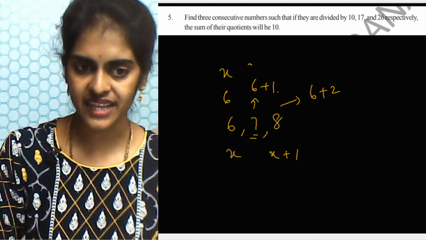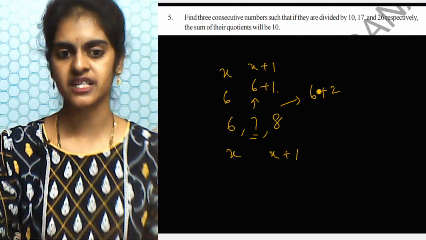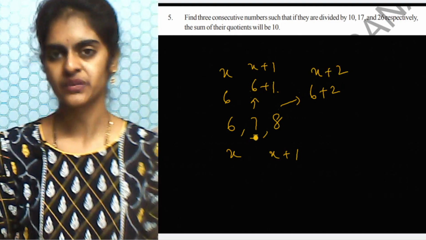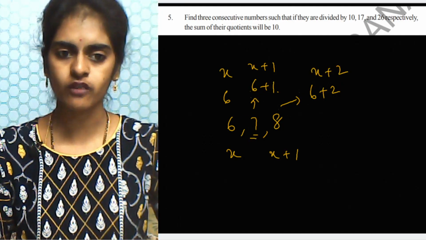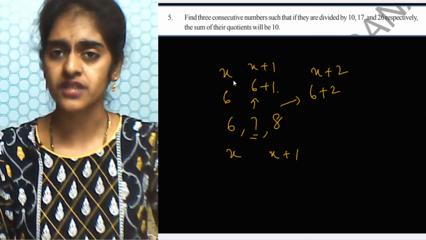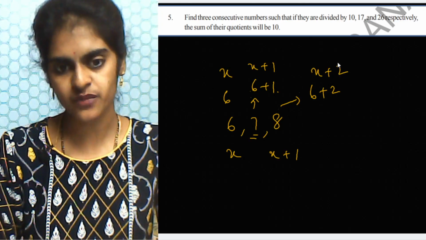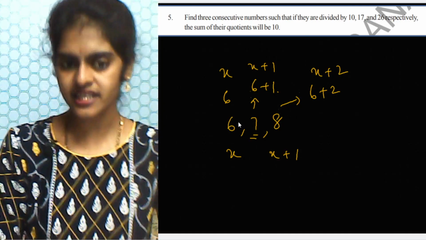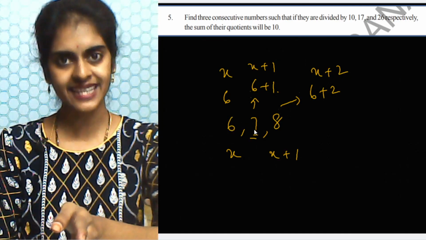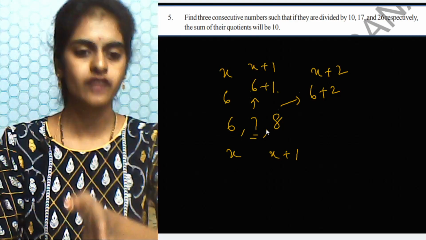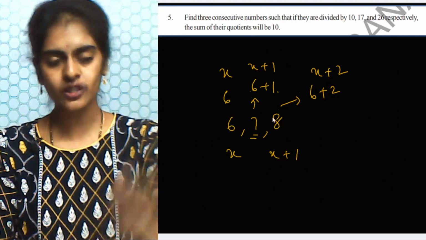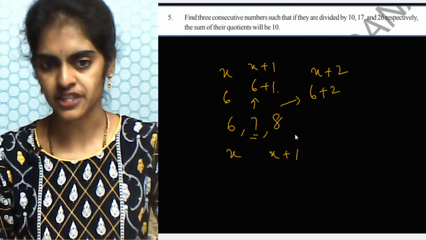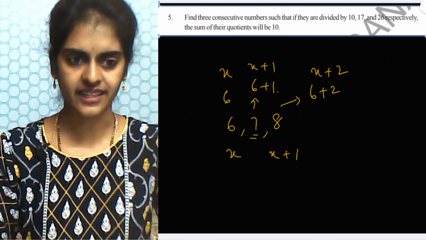If the 6 I am taking as x, then 7 I can write as x plus 1 and 8 I can write as x plus 2. So that's the meaning of consecutive integers. The consecutive integers are x, x plus 1 and x plus 2. Got my point how to write? If one integer is x, if you add 1 to this, you will get the next integer. If you add 2 to x, you will get the next consecutive integer. So this is how we write.